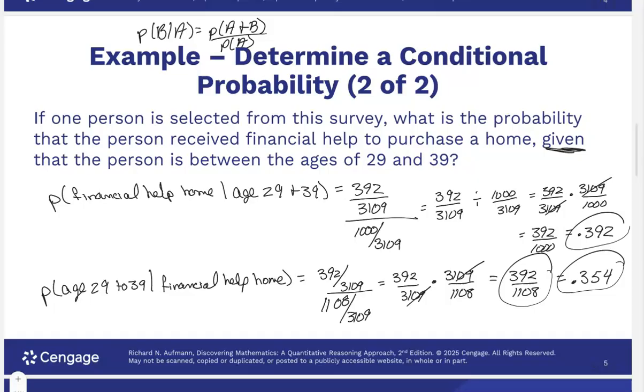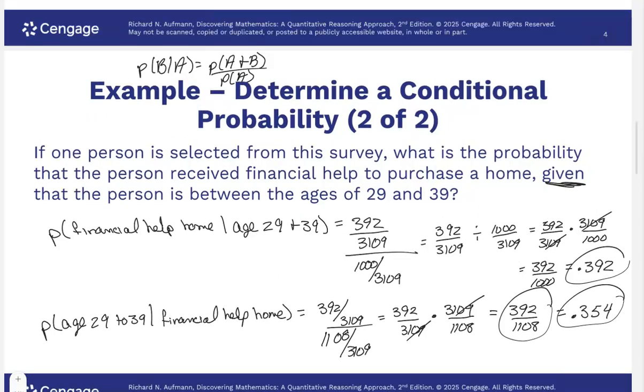We could do the same thing with this one. We want to find the probability that they were between ages 29 and 39, given that they received financial help on purchasing a house. Given this has already happened, how many are in this age bracket?